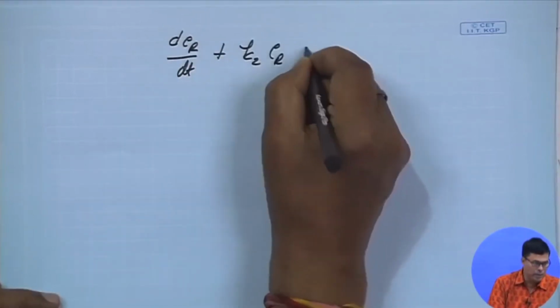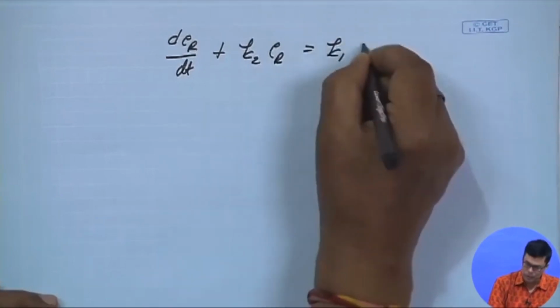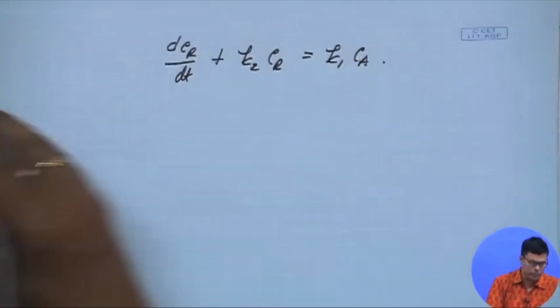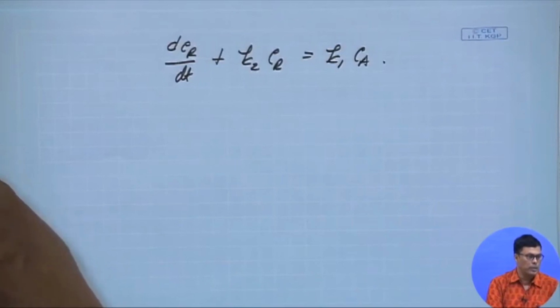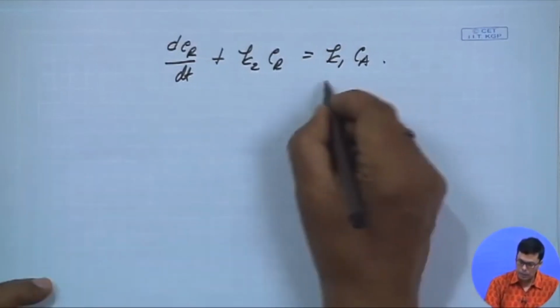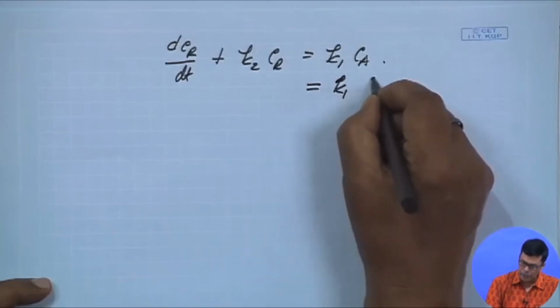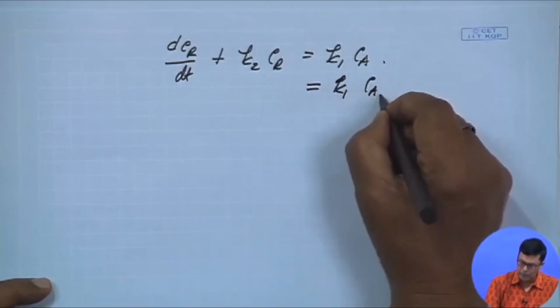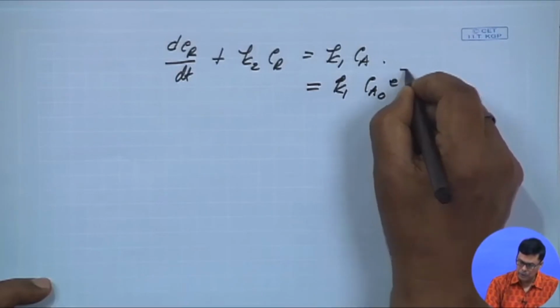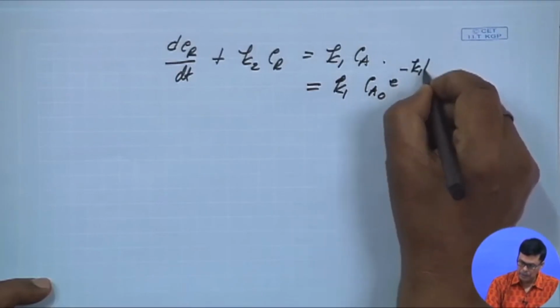Am I right? This is equal to K1 into Ca. This is what we did in the last case. Now Ca we determined: Ca equals Ca0 e to the power minus K1t.